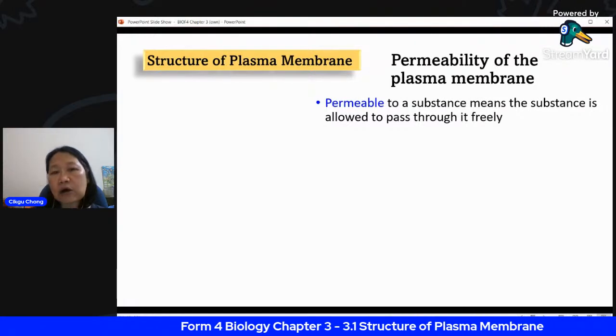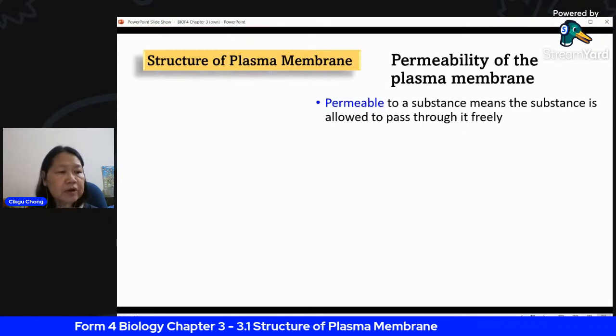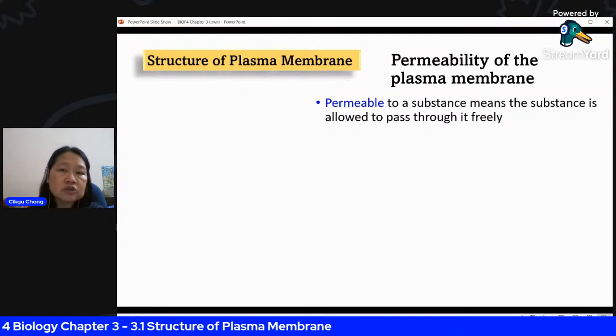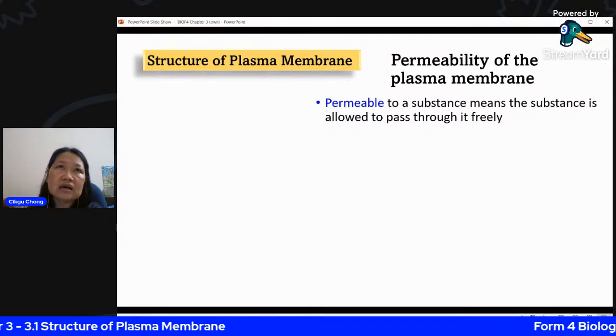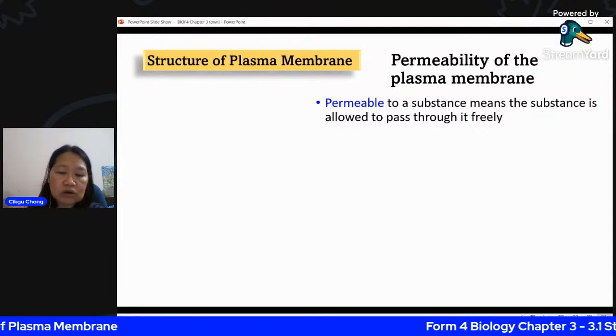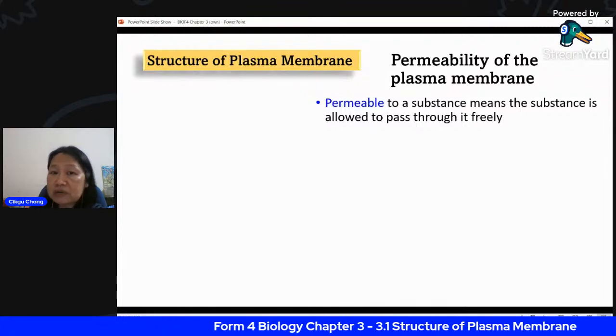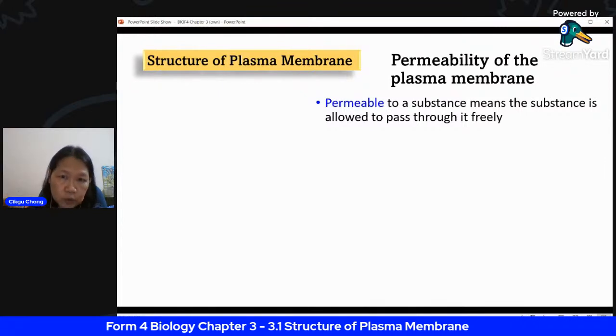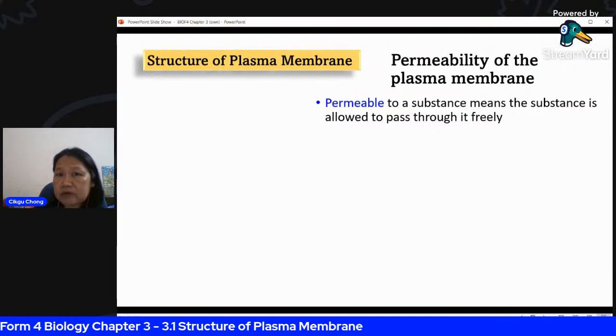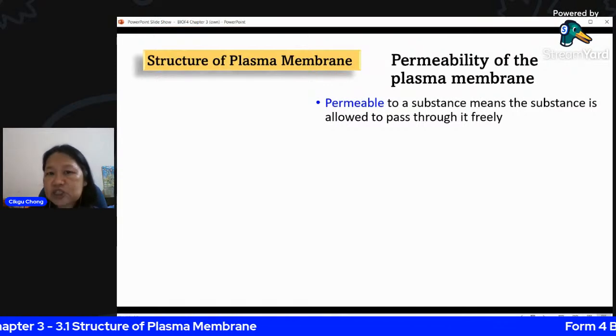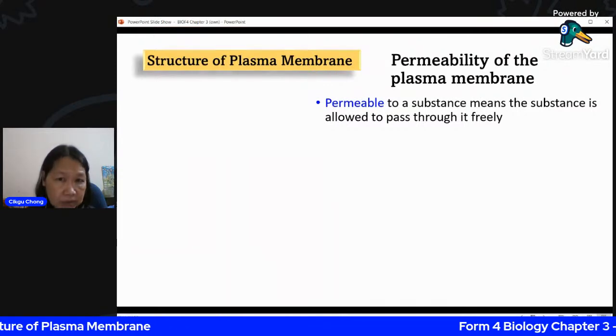Permeable means it allows the thing to pass through. For example, my skin is not permeable to water. Water does not soak into my skin. If it were permeable, it would allow water to go inside. Allowing passage of substances is called permeable.